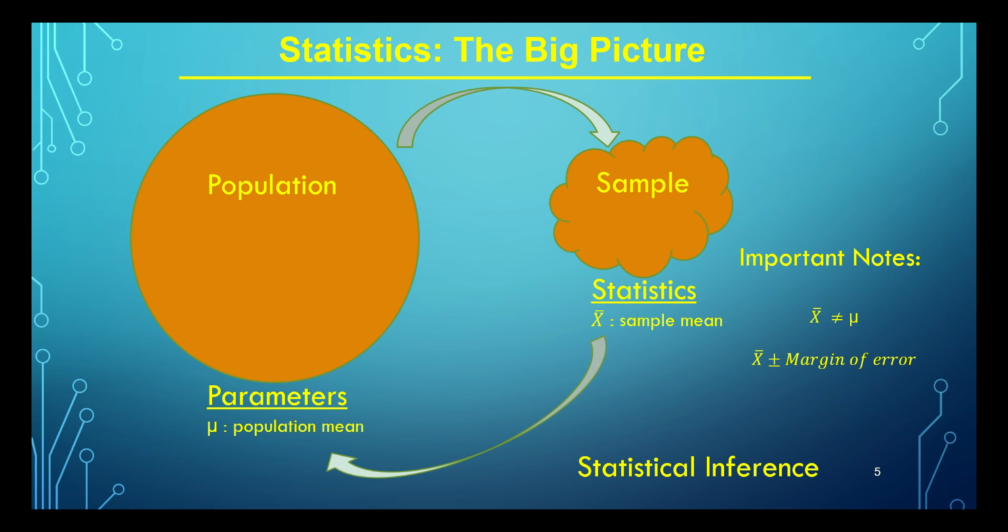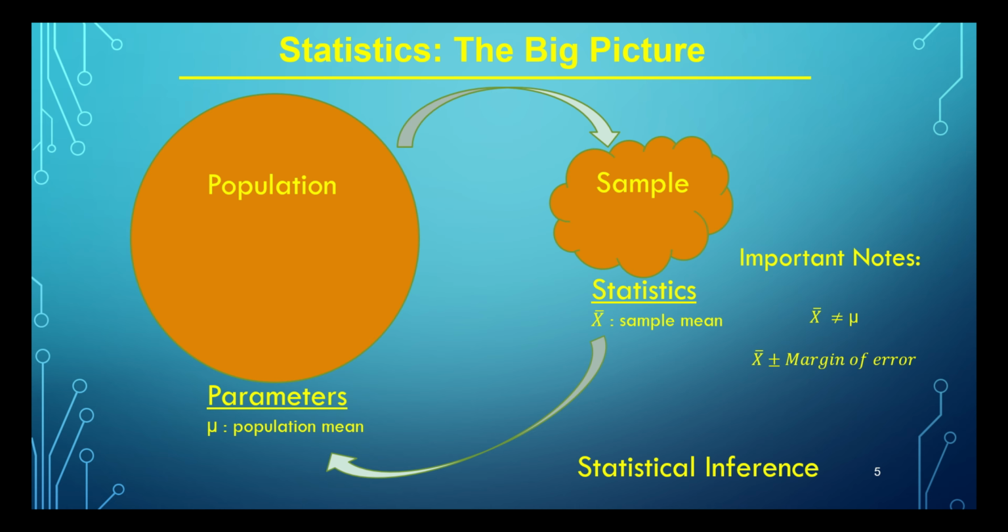So rather than just report the statistics, we'll report a little interval around the statistic. So for example, I'll report X bar plus or minus some margin of error. And that margin of error is meant to give me a feel for the uncertainty in my statistic. And while X bar might not exactly be equal to mu, hopefully my interval around X bar captures the true parameter from the population.